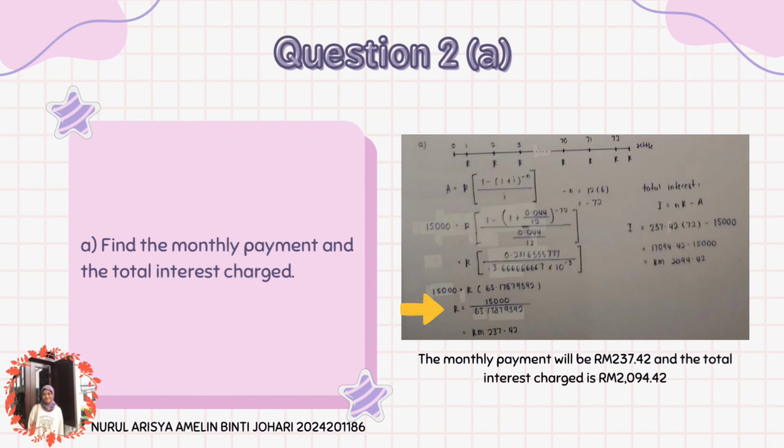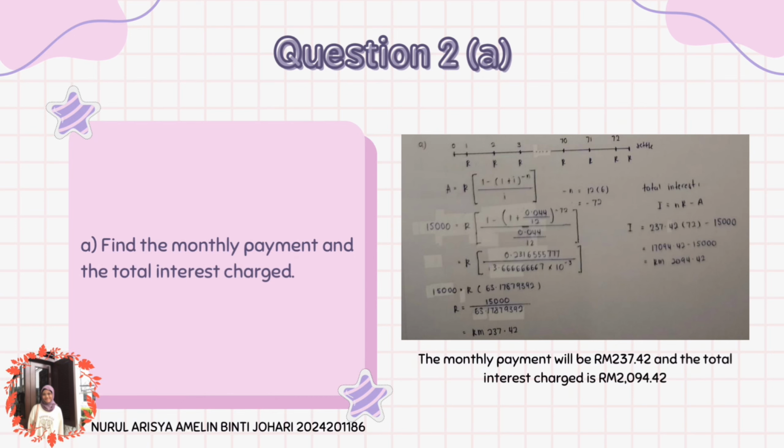Next, we move the 15,000 to the back, which is R equals 15,000 divided by 63.1787992. So, the final answer for the monthly payment is RM237.42.